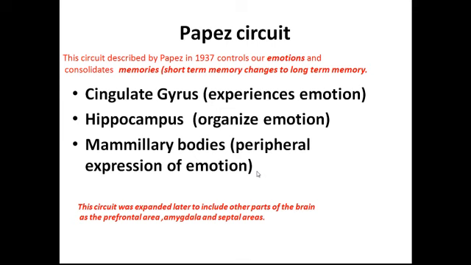Papez described the cingulate gyrus as the part which experiences the emotion. The hippocampus is the part that organizes the emotion, and the mammillary bodies, which are part of the hypothalamus, are responsible for the peripheral expression of our emotion. This circuit was expanded later on to include other parts of the brain such as the prefrontal area, amygdala, and septal areas.